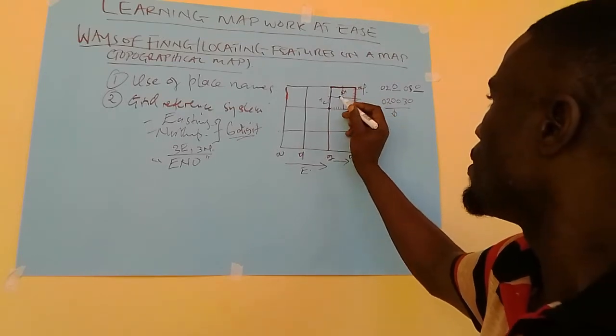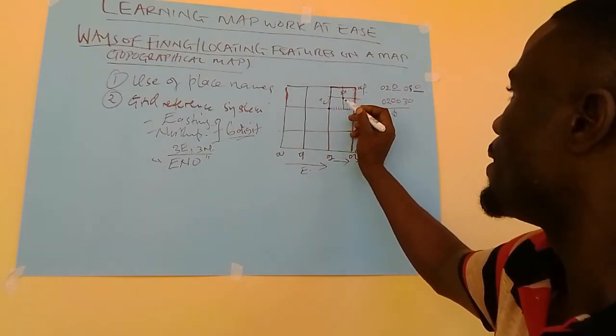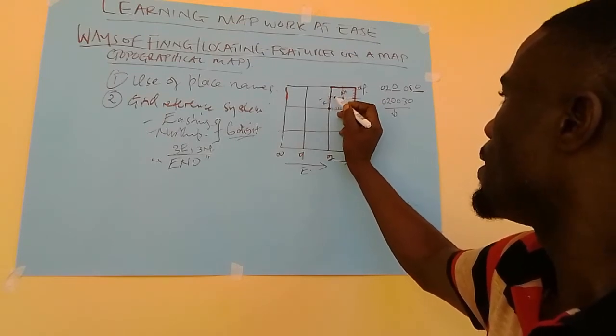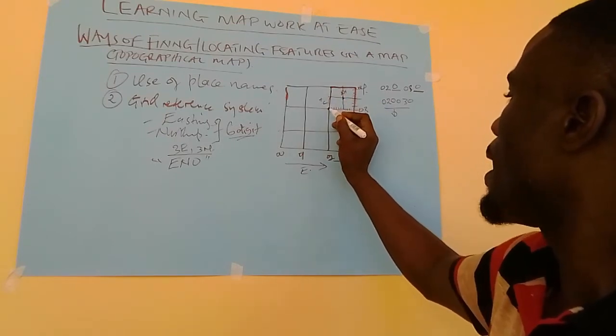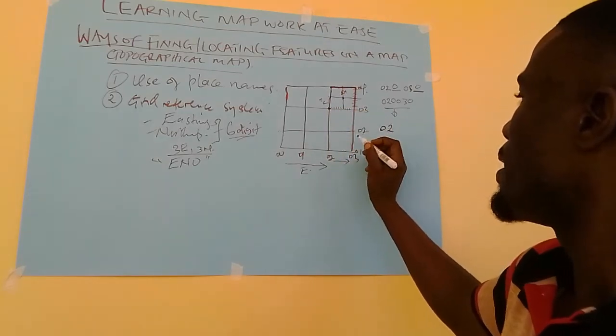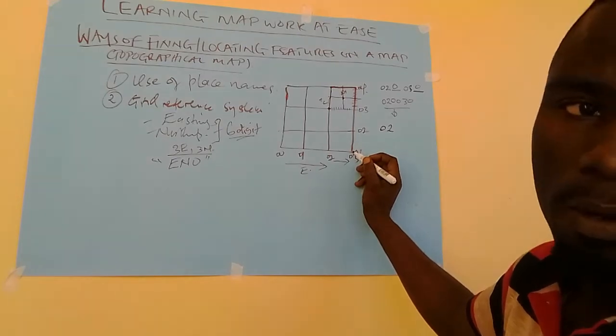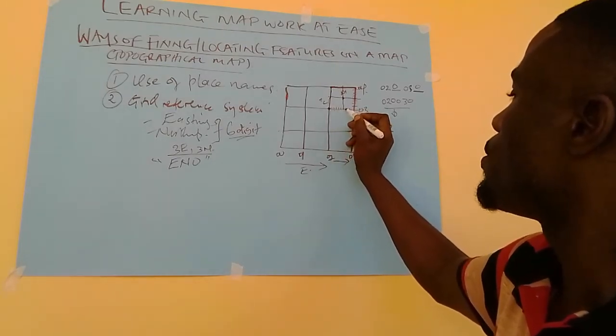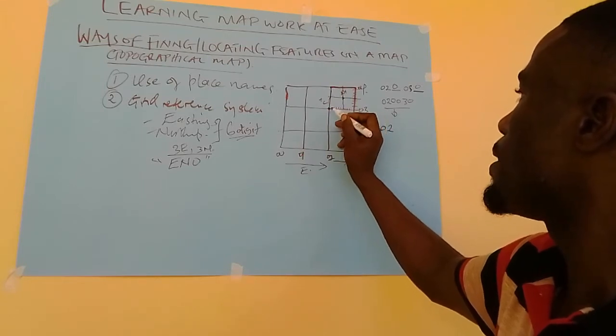Then we check. From here up to here, they are 10. Then from here up to here, that is 5. Meaning the point is still on 02, it has not gone to 03, that is easting. Then it has moved how many small eastings? From here up to here, they are 10.